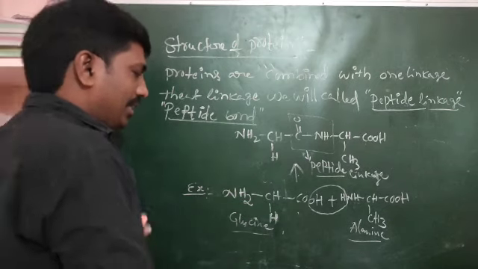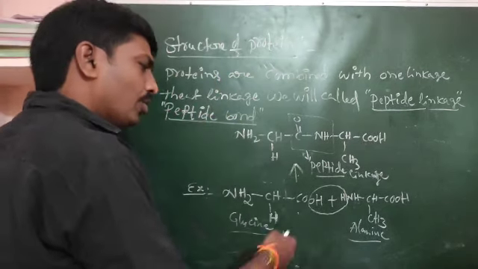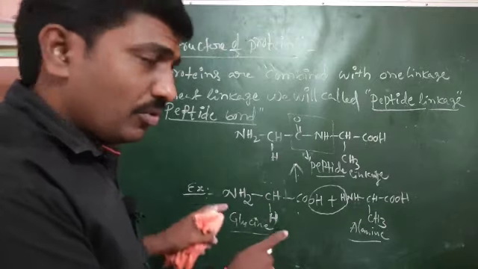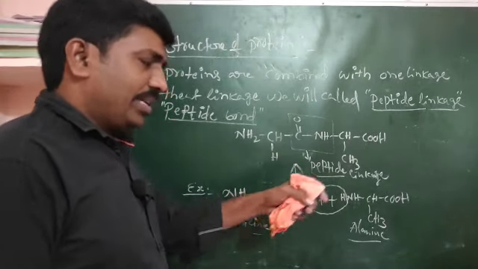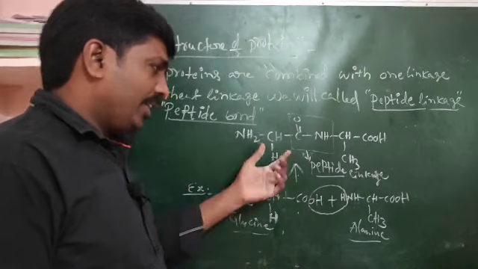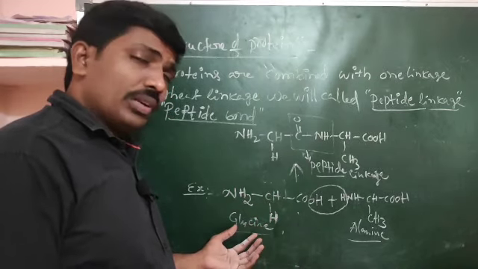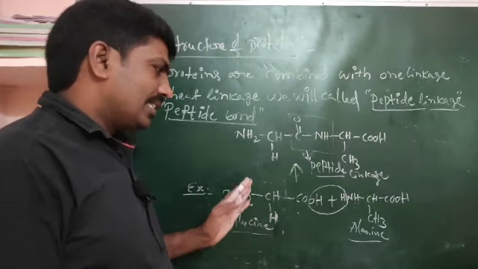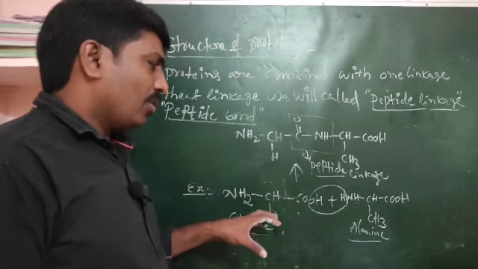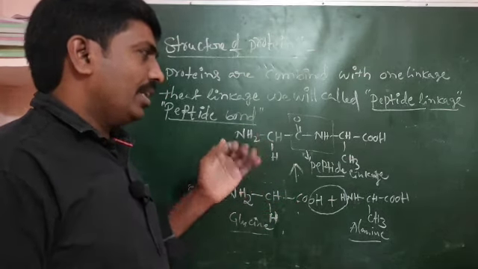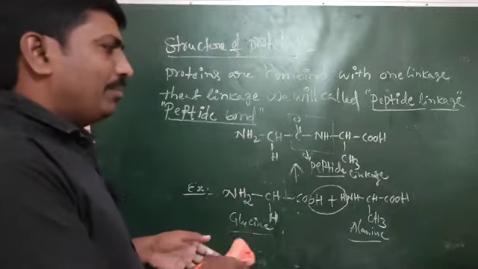Two alanine molecules will also form a peptide linkage, or two glycines will form it. Same or different amino acids form proteins through peptide linkage.